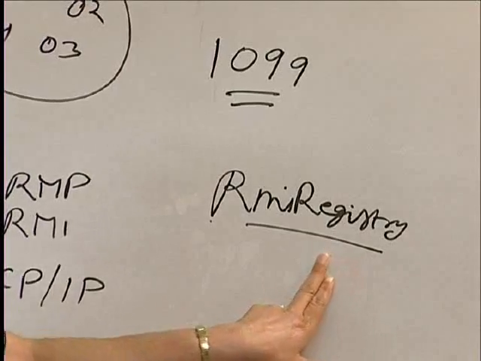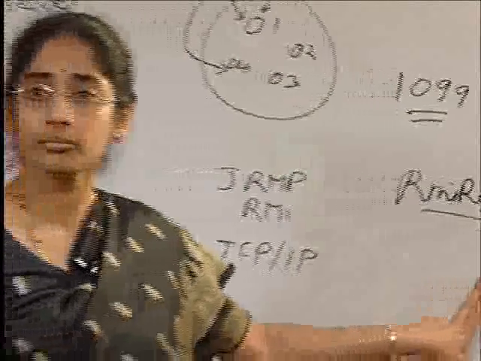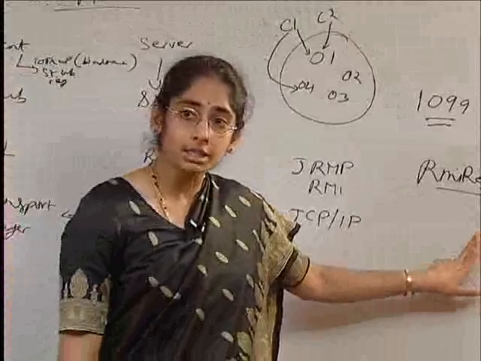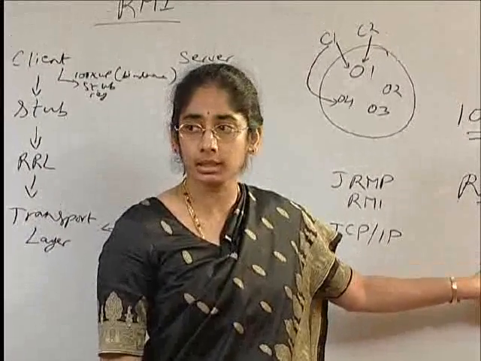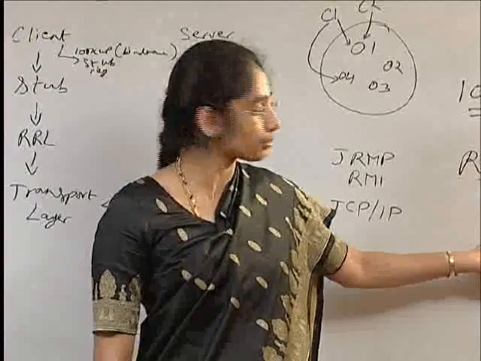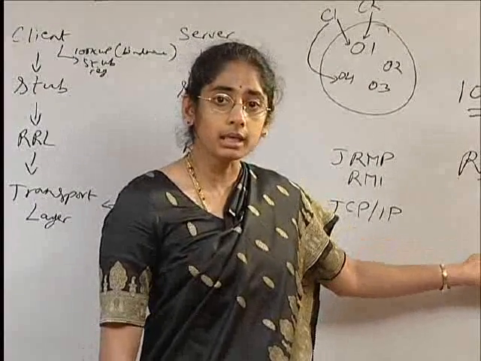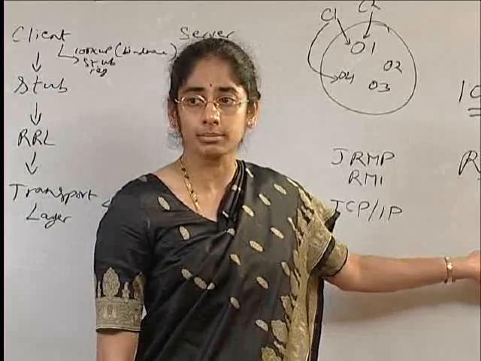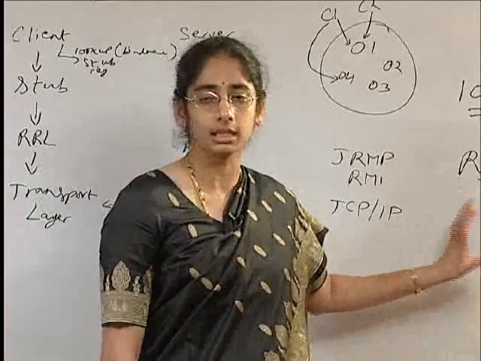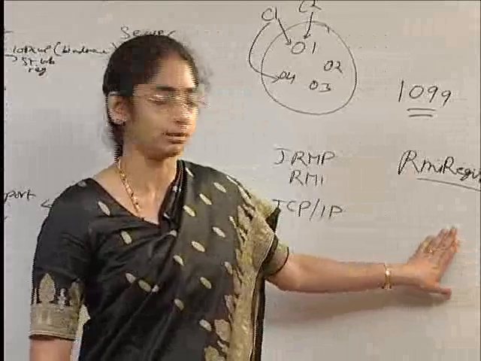That return value comes to the skeleton. The skeleton marshals the return value, that is, it puts together the return value with the header details. During marshalling, if it is an object, it serializes the object and sends it back. If it is a primitive data type, it just sends back the value.